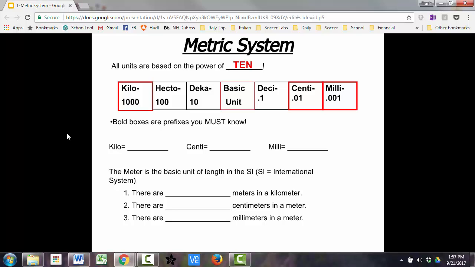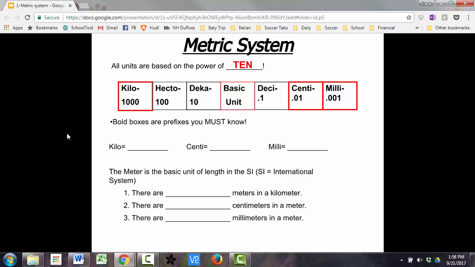For example, the base unit for measuring length in the metric system, does anyone know what it is? Meters. Yeah, meters. And then you have millimeters, centimeters, kilometers.